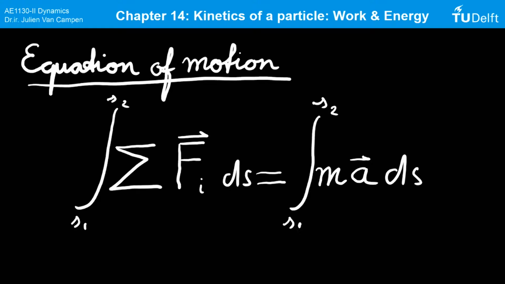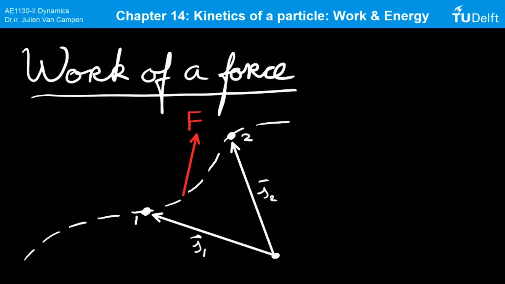Let's focus first on the left-hand side of the equation. The left-hand side of this equation is known as the work of a force, denoted by the letter U. Here I've drawn the most general case, where force F is being moved over the dotted line from point 1 to point 2. Let's write down the left-hand side of the equation once again.